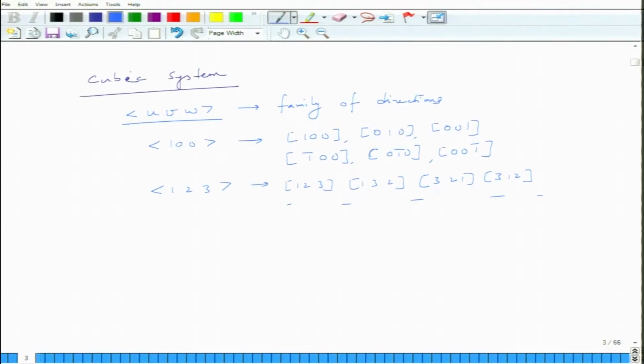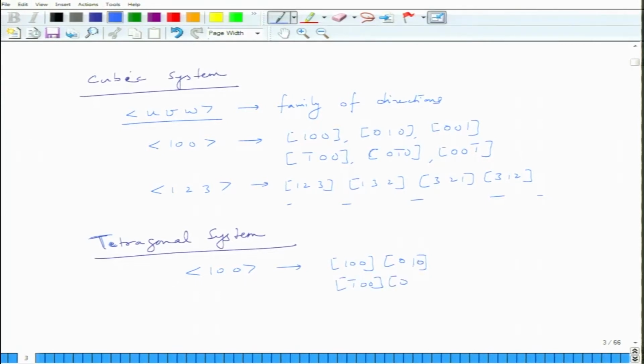All right. So similarly, in tetragonal system again, 1 0 0 will mean only 1 0 0, 0 1 0, bar 1 0 0 and 0 bar 1 0, and 0 0 1 would mean 0 0 1 and 0 0 bar 1, because the translation along those two is different, right.